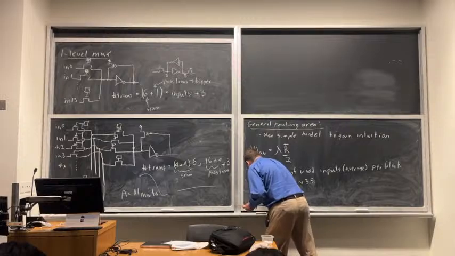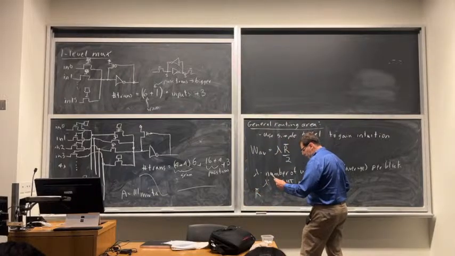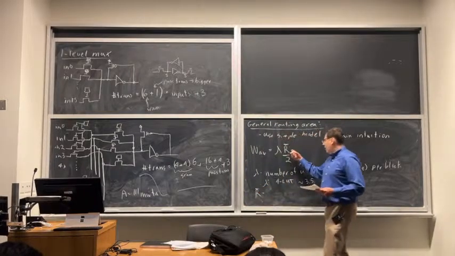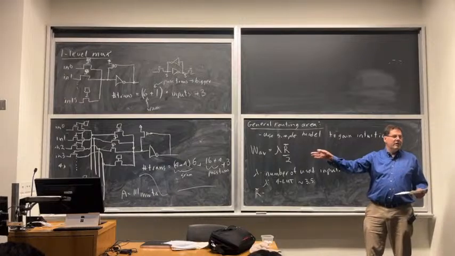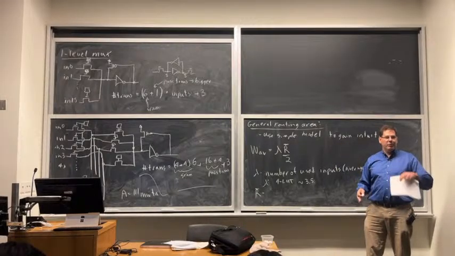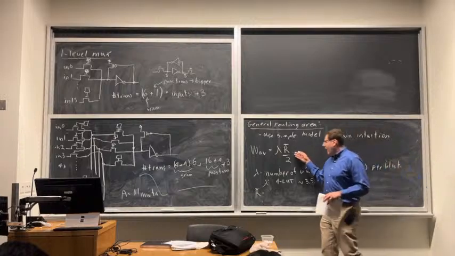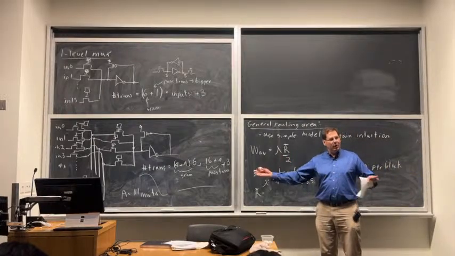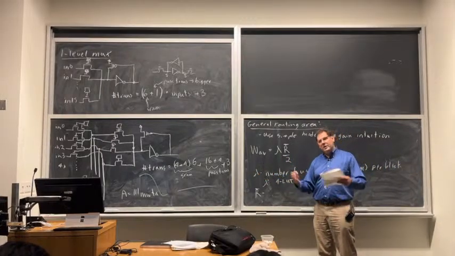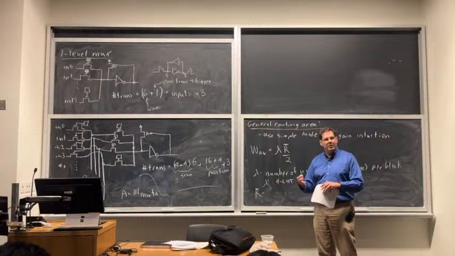R bar is like the average distance you need to go from the source of a signal to its destination, which is going to impact how much wiring we need, right? If we have to go a long way for every single signal, well, we need more wiring. If we have to go a short way, we don't need as much wiring.